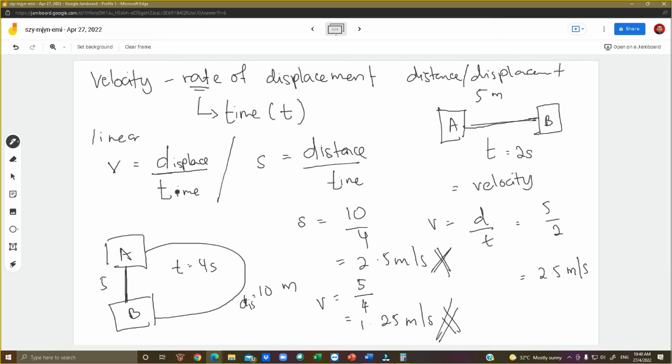So why we need to find out velocity is about the rate of displacement. Okay, sampai sini. Okay? Clear, sir. Okay, kalau clear kita sambung kawan dia.